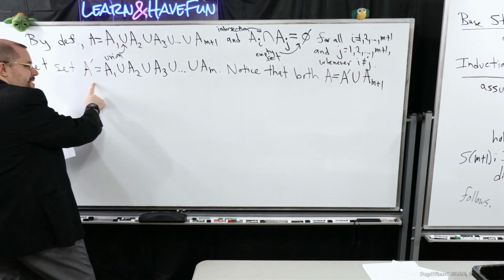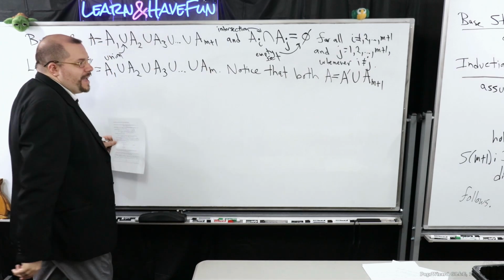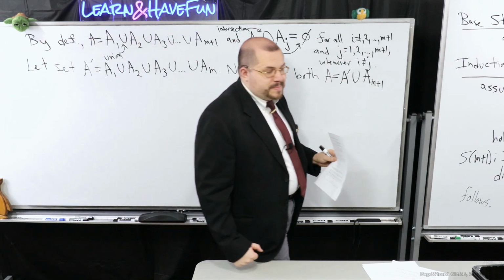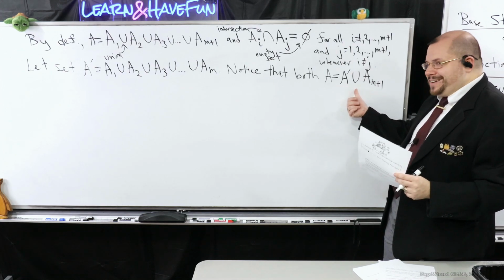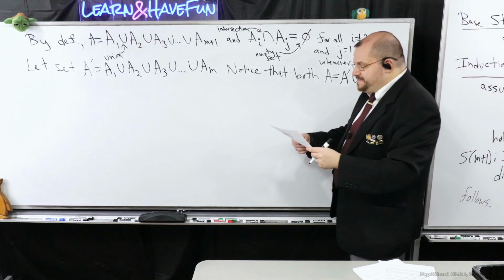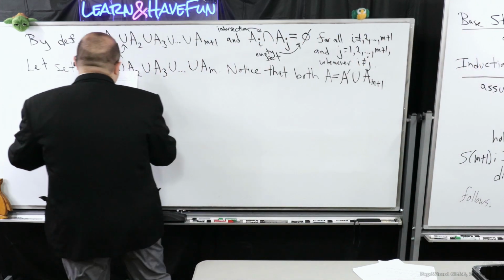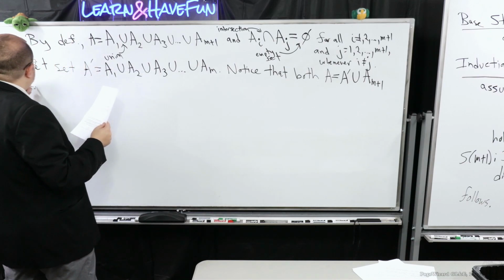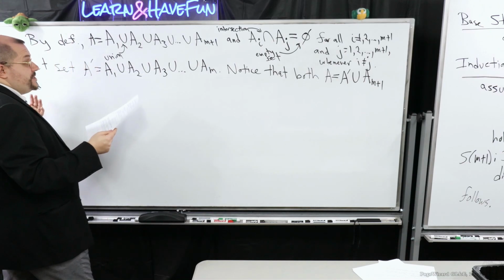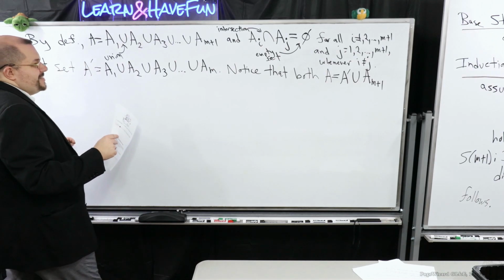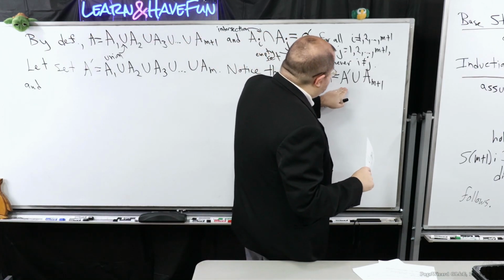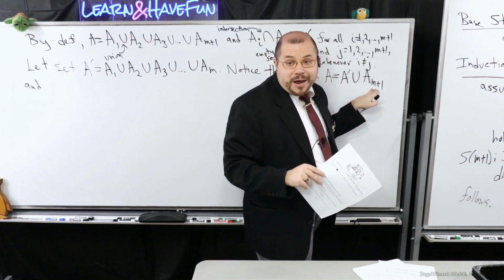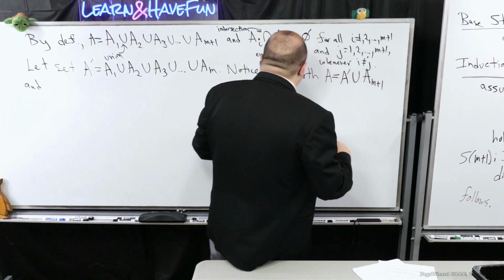But A prime is everything up to but not including the last bucket. So A is actually going to be equal to this. And remember that all of these subsets are pairwise disjoint regardless. So even if I lumped all of these first subsets all together, then union this one, they still are pairwise disjoint, so there's not going to be any duplicates.